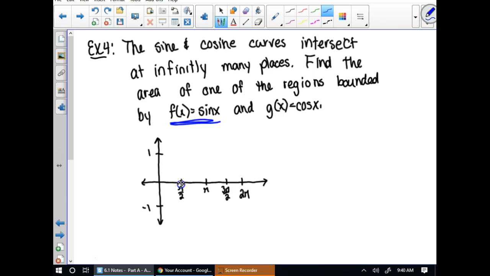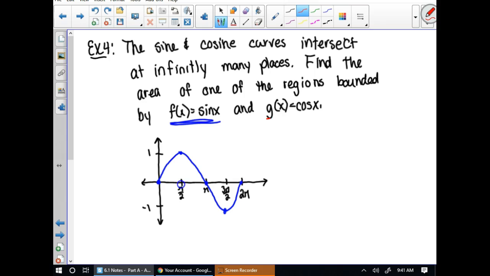So if you just use your unit circle values, or hopefully you might remember what sine looks like. Sine begins at the x-axis. It goes to a maximum point, midline, minimum point, midline. So sine is going to look something like this.